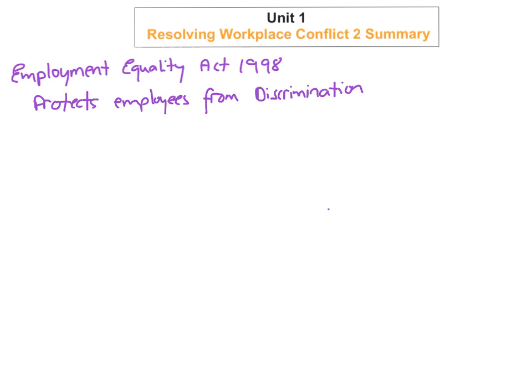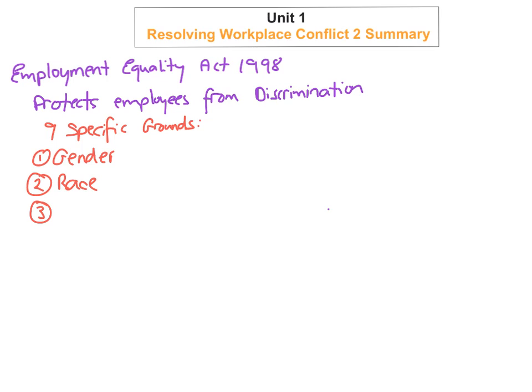Discrimination is outlawed under 9 specific grounds, and these are the following. The first one is gender, so you can't discriminate against someone's gender. Second one is race. The third one is marital status.